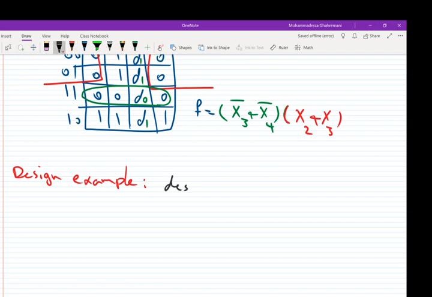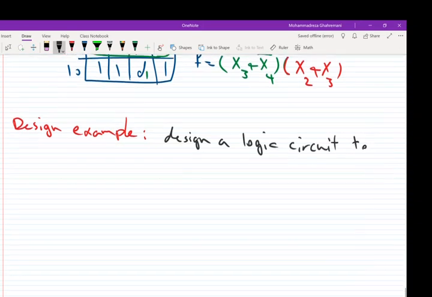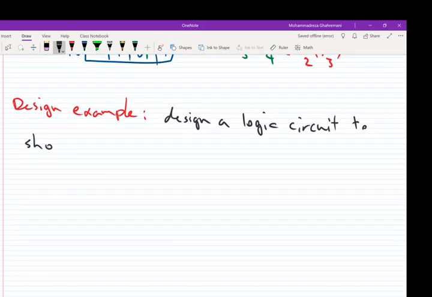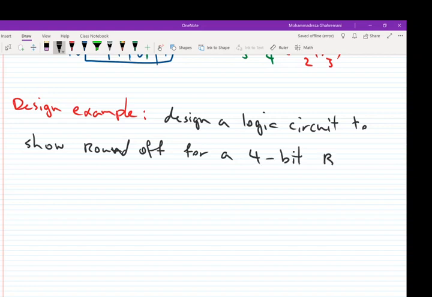Design a logic circuit to show round-off for a 4-bit BCD.